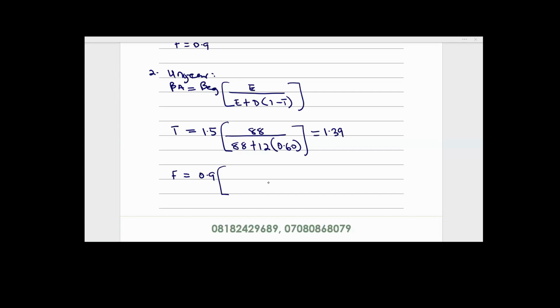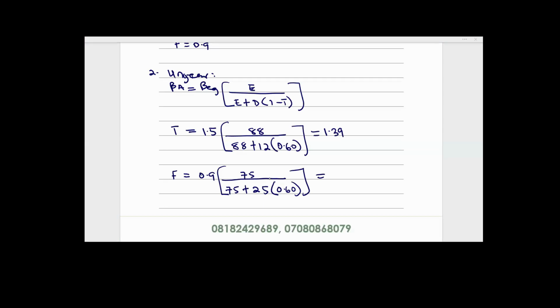Debt is 25%. It means equity is 75%. Therefore, here will be 75 over 75 plus 25. Tax is 40%. We are accounting for 60%.